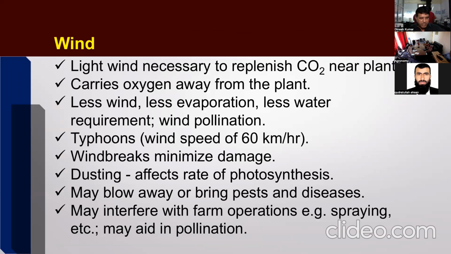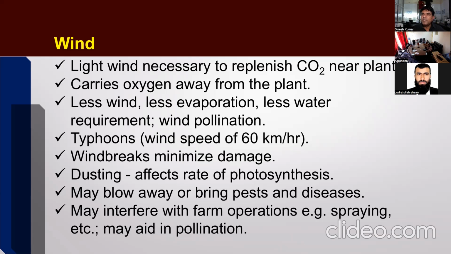Now, see, the next factor is wind. Wind is also a growth factor, and it has both positive and negative effects. Light wind is necessary to replenish CO2 near the plant. Plants release carbon dioxide 24 hours, and during the daytime, through photosynthesis, plants release oxygen near the plant.